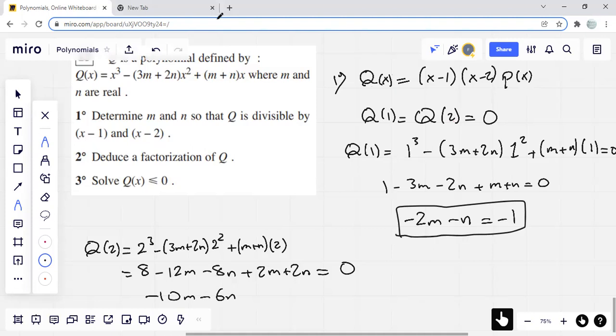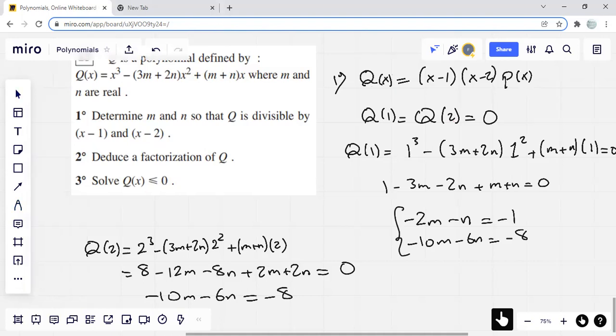And plus 8, we can take plus 8 to the other side. We will have minus 8. And this will be our second equation. So now our system of equations is this one: minus 10m minus 6n is equal to minus 8.